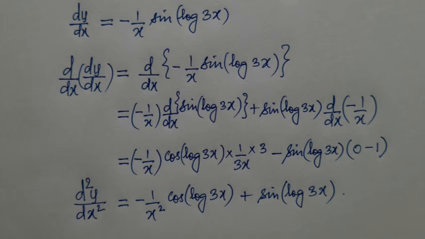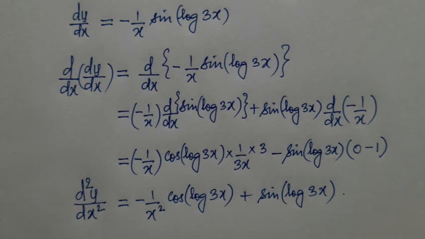Now differentiating again both sides with respect to x, you'll be having d dx of dy by dx equal to d dx of minus 1 upon x sine of log of 3 times x. Here we take minus 1 upon x as the first function and sine of log of 3 times x as the second function, and we first apply the product rule.